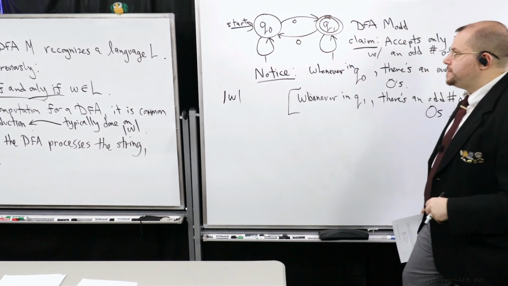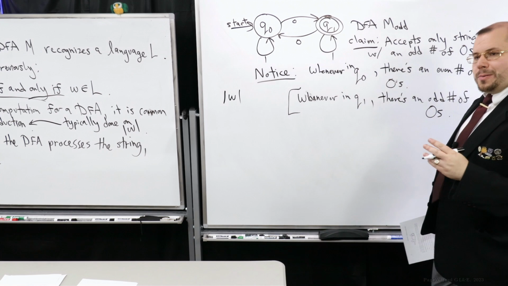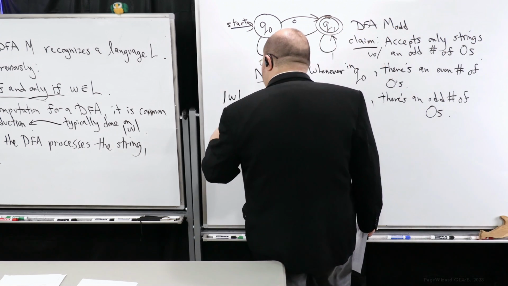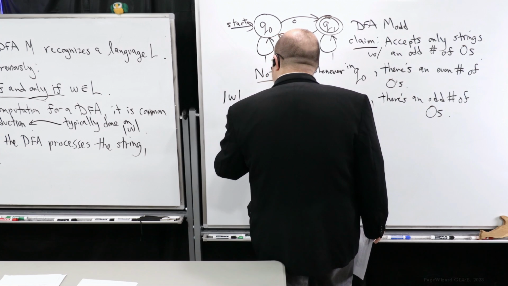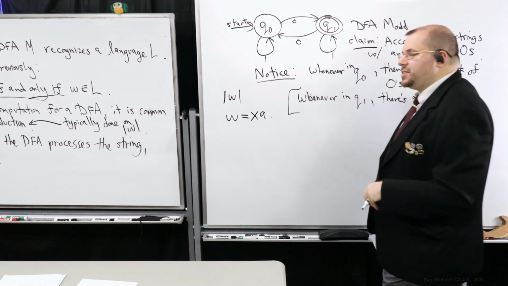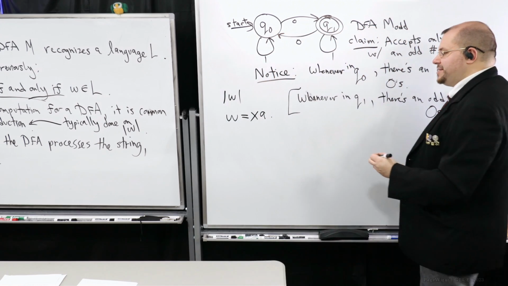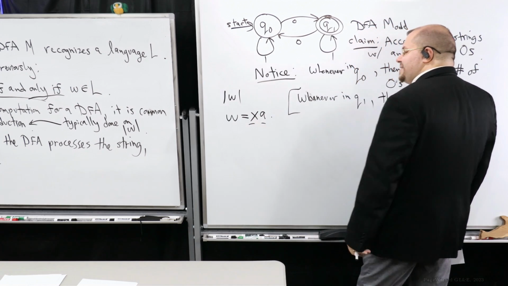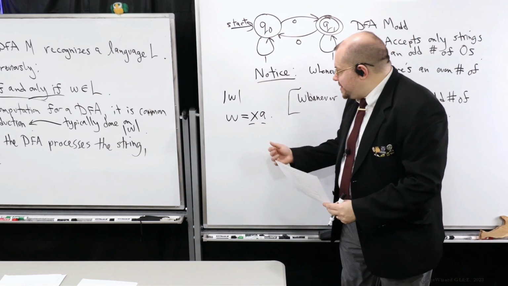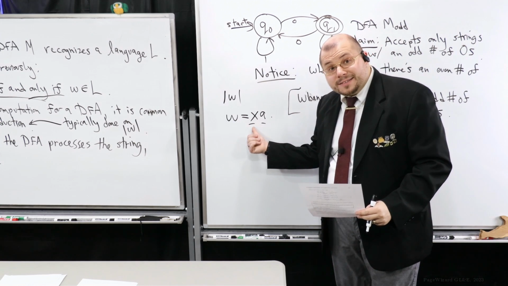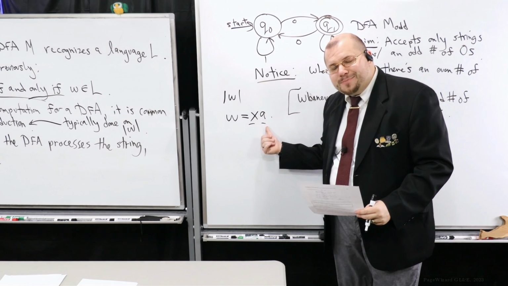So remember, in the inductive part of the definition, we decompose the string like this, where this is the rest of the string and this is its last symbol. What I would like to do is use the induction hypothesis on X, and then I append A.